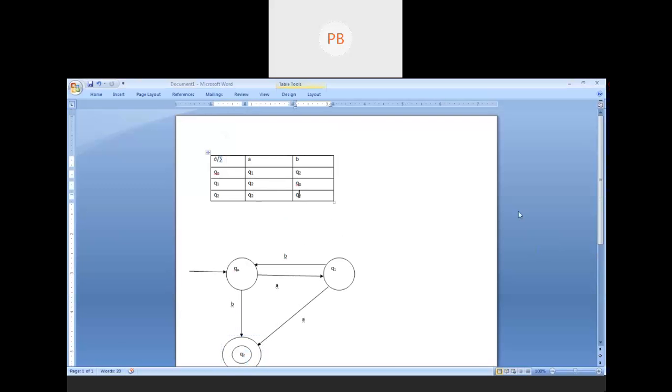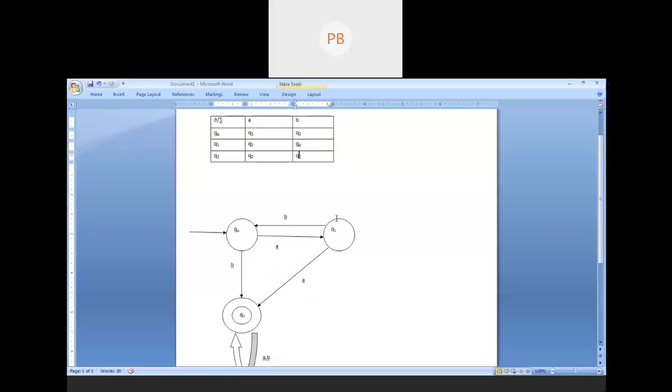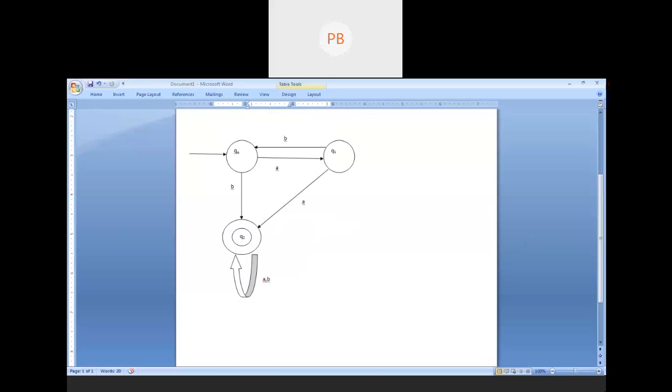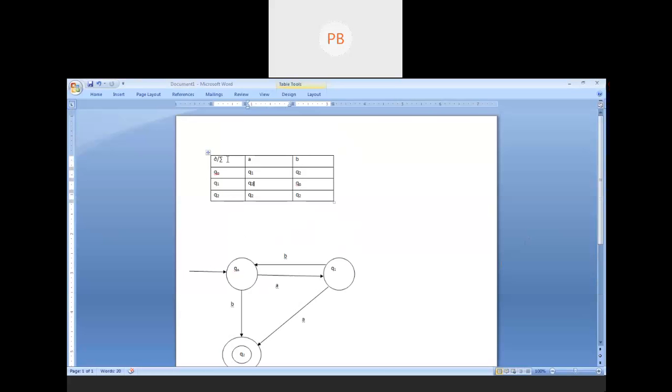This is all about transition graph. Now transition table. That means we are representing the same thing using a table. How can we do that? In this particular table, the first row indicates the input symbols.